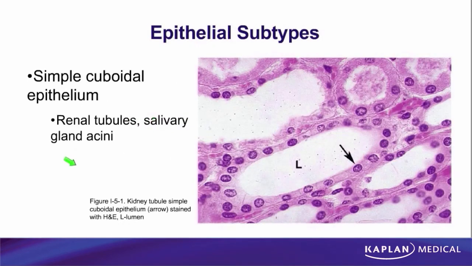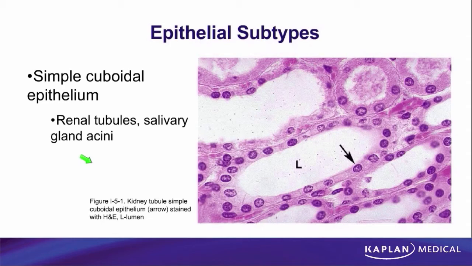Okay, so let's look at the different kinds of epithelia that we have. Now, we've said that epithelia line surfaces. We're going to categorize these epithelia based upon what the epithelium looks like, based on two observable characteristics. One characteristic will be how many layers of epithelial cells are there?